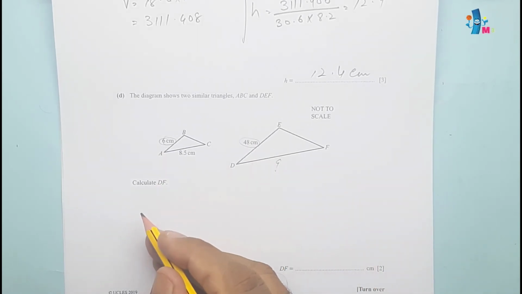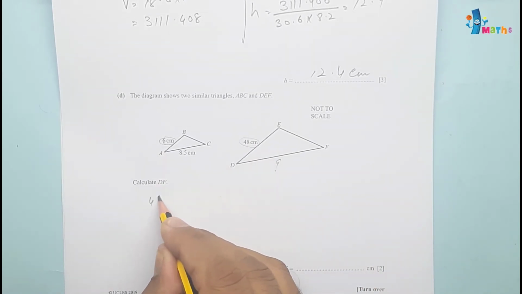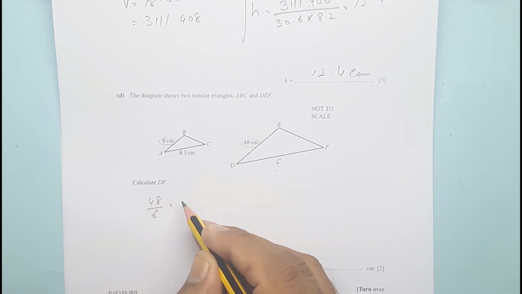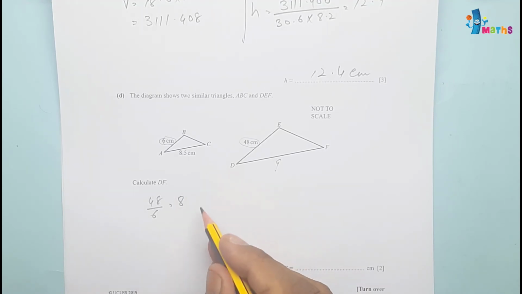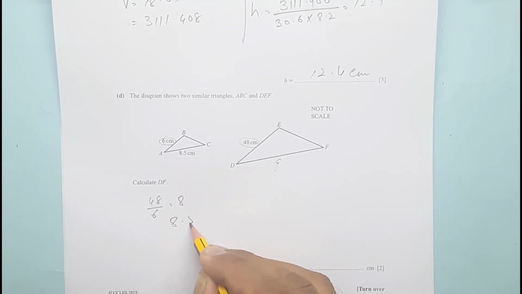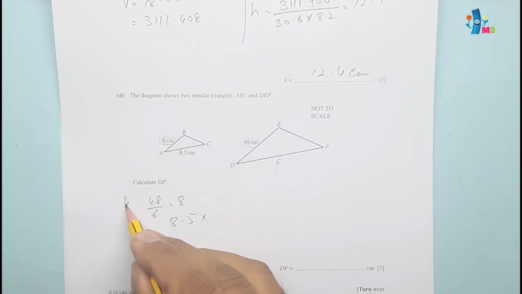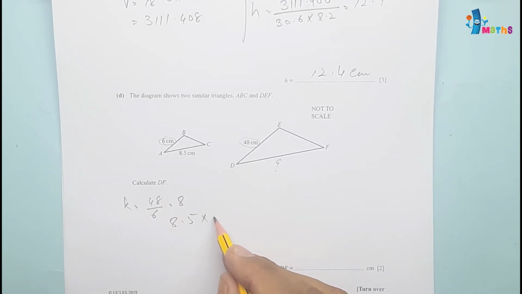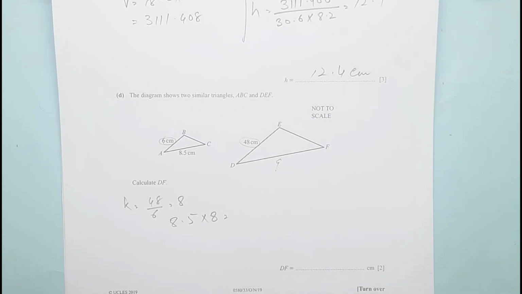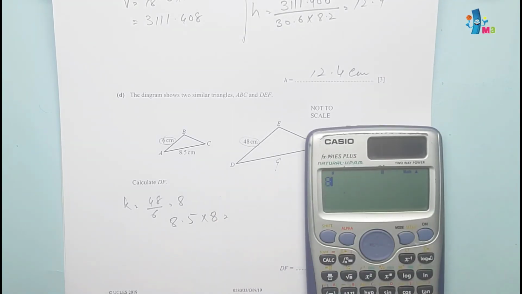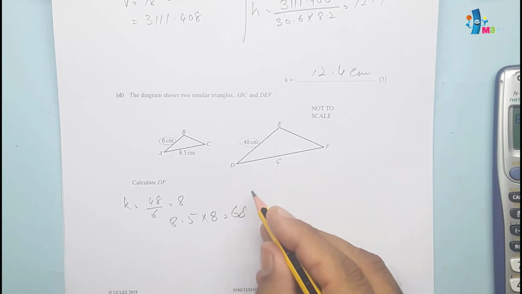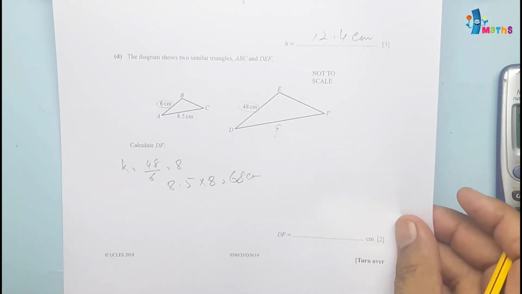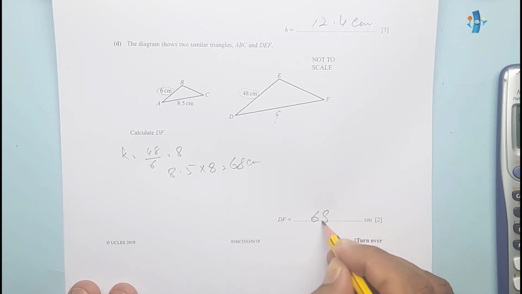So we'll check the conversion ratio, which is 48 divided by 6 will be equal to 8, and we have to multiply this side also by 8, so 8.5 into, this will be basically k value, so 8.5 multiplied by 8 will be equal to 68. So we can write 68 centimeters, and here also 68.